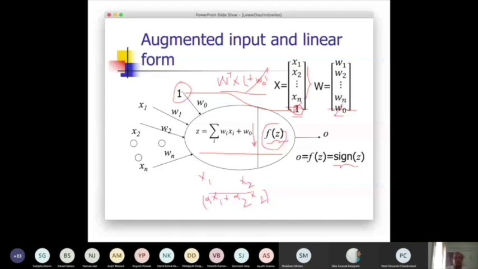So the problem of your classification is that you need to find out that W which will give you the minimum error with respect to a labeled data set.